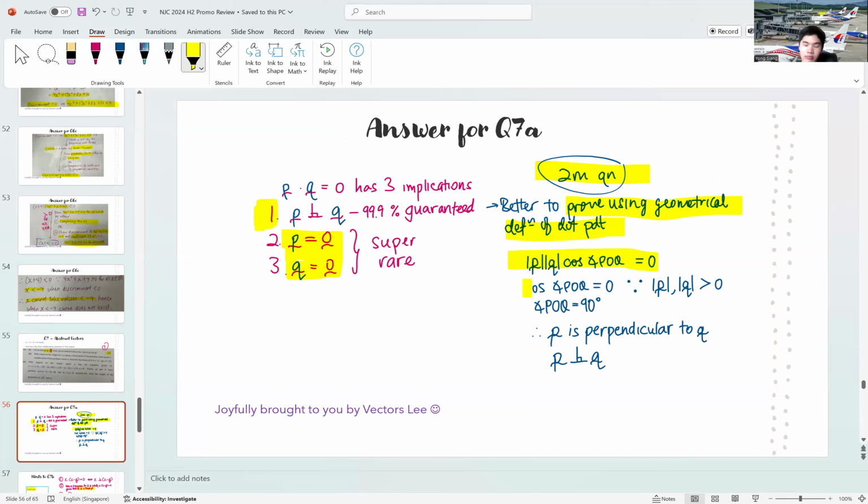Because the modulus, the magnitude, is always more than 0, you should know that modulus and magnitude are the same. If you don't know, please refer to my equations and inequalities masterclass. Then you should say that this cosine term is equal to 0, and then you take the inverse cosine, the angle here is 90 degrees, and that's the reason why P is perpendicular to Q.